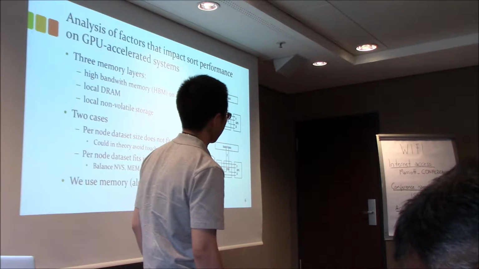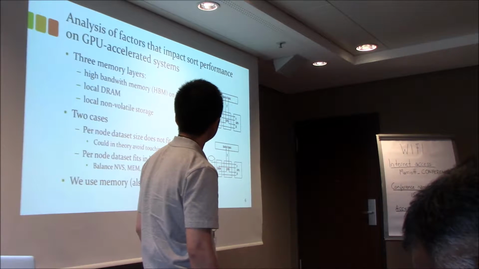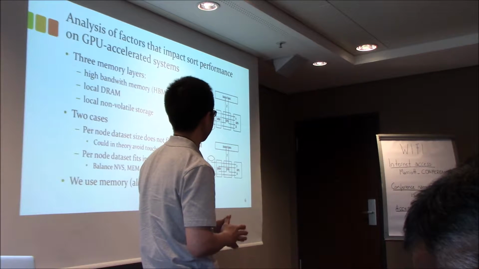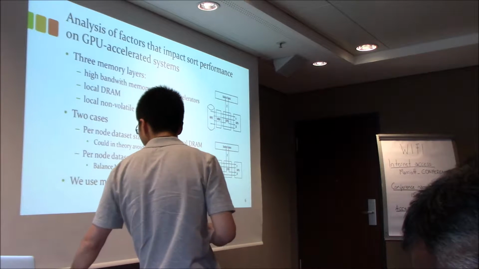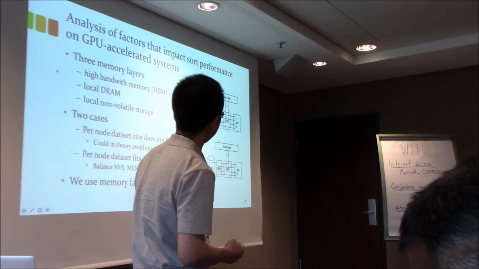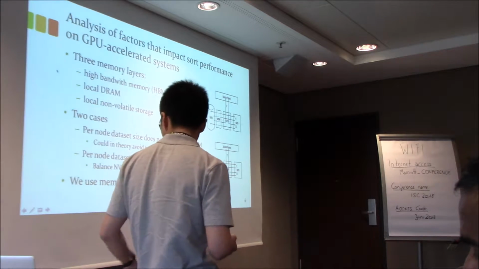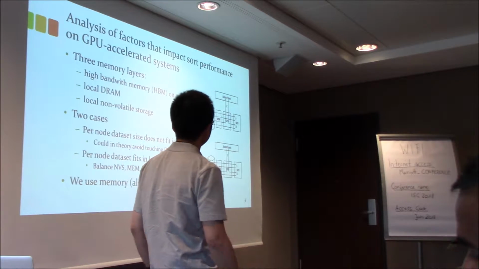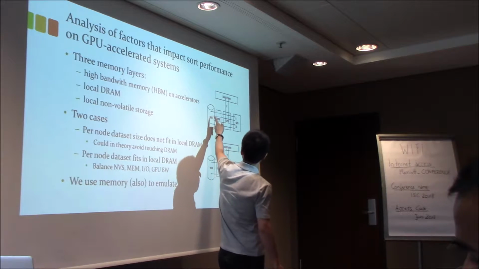With regard to the memory subsystem, today we can have high bandwidth memory on the accelerators. This is the highest tier, the next tier is traditional DRAM, and the last tier is non-volatile storage. If the data set does not fit in memory, we go through this path.